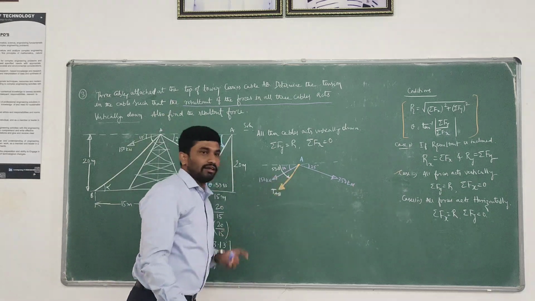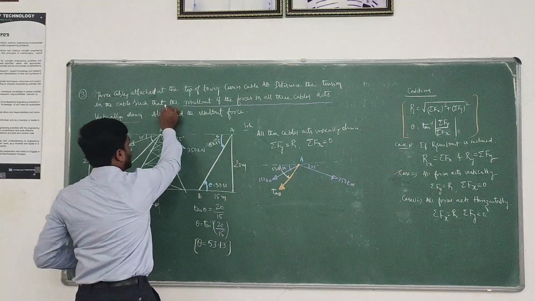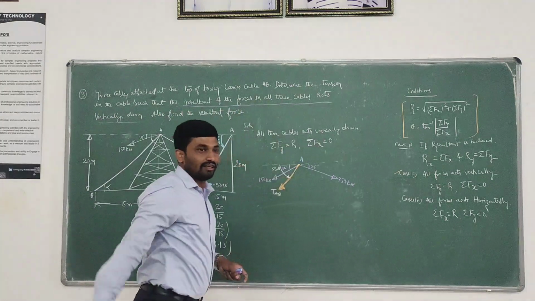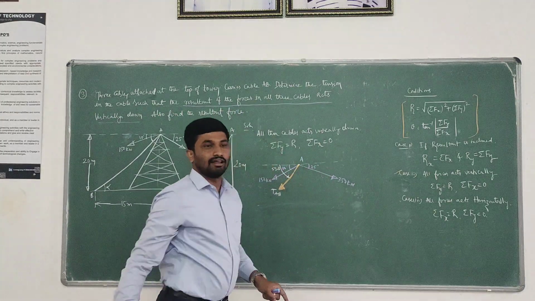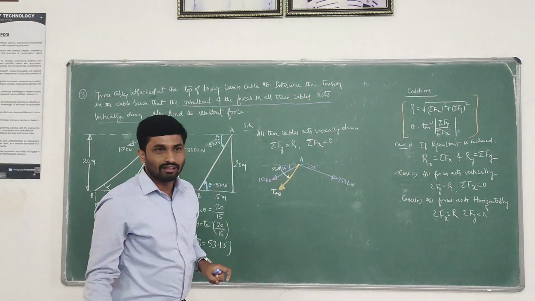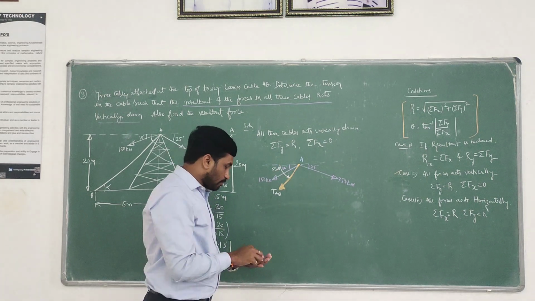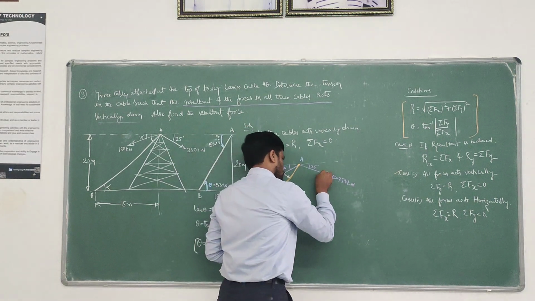So that is TAB. That is the force we have to determine. Also the given condition is these 3 cables act vertically down. Hence I am imposing this condition. Now write the free body diagram. So resolve this.